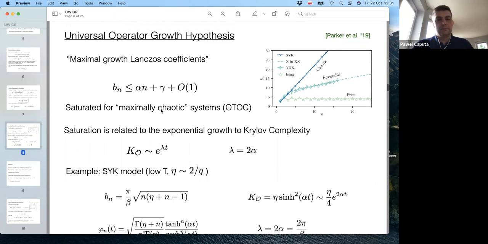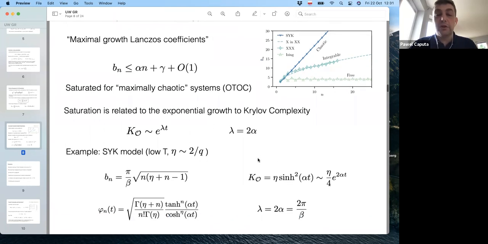But in this case, it's basically a CFT, right? No. The SYK model saturates this, but they studied XX, Ising, SYK, various examples.